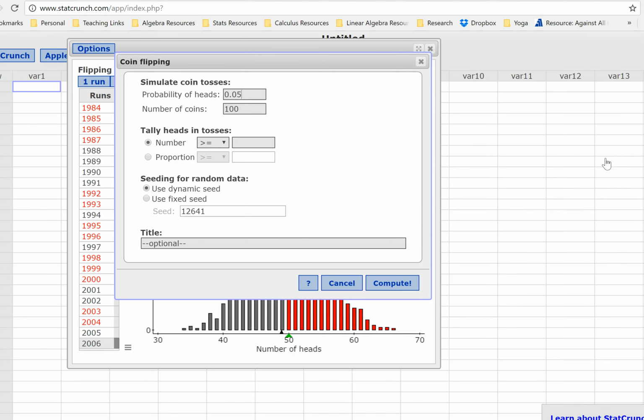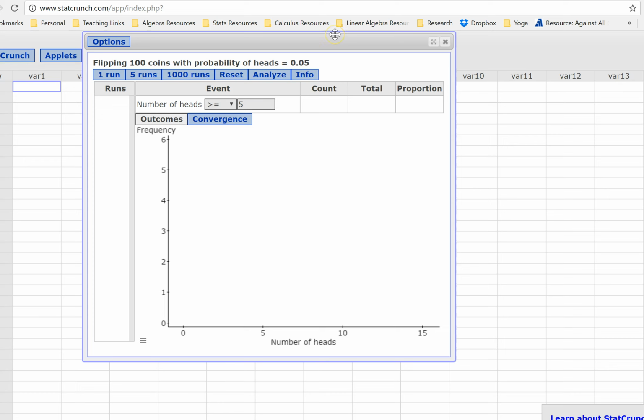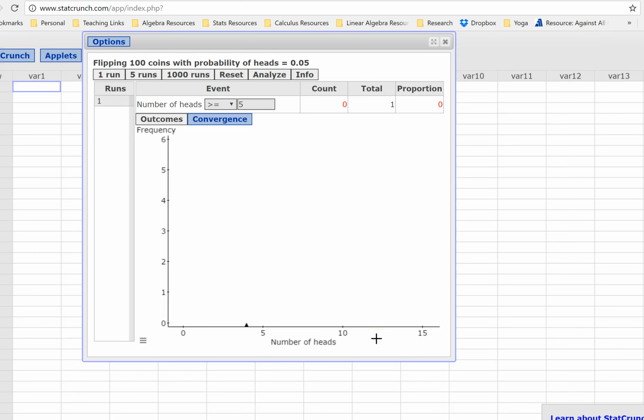Cool. So if it's 0.05, that means our expected number, our np, would only be 5. 5% of 100 is just 5. So if I do this, now our expectation, np, is 5 heads. We do this once, we get 4 heads. Okay, kind of where we expected.